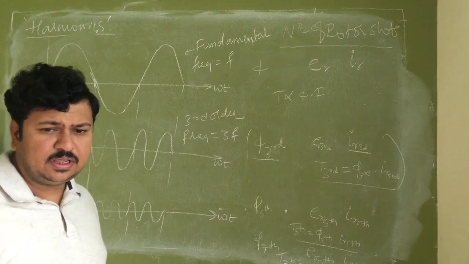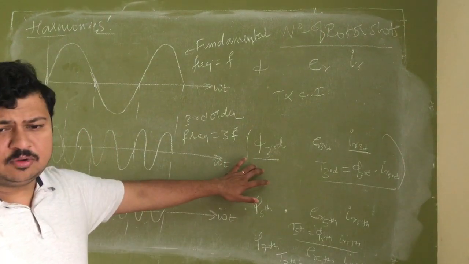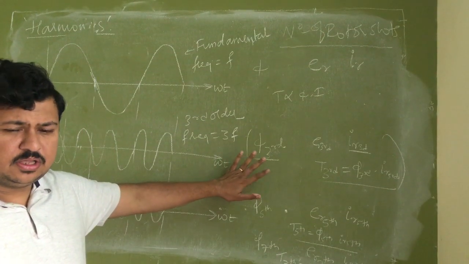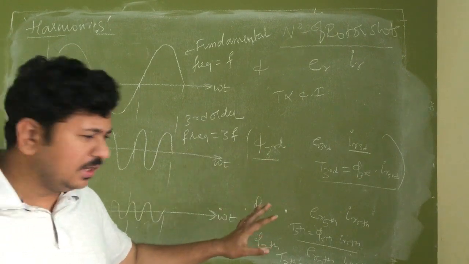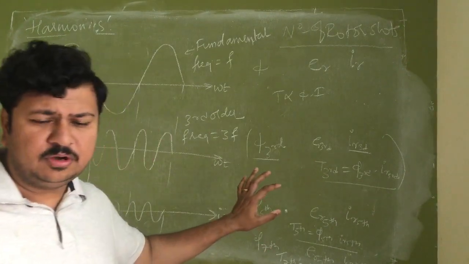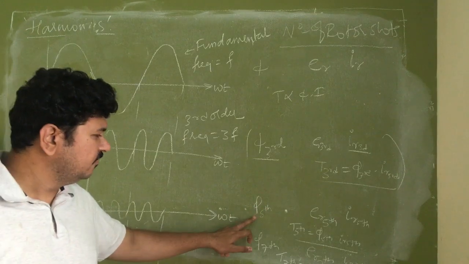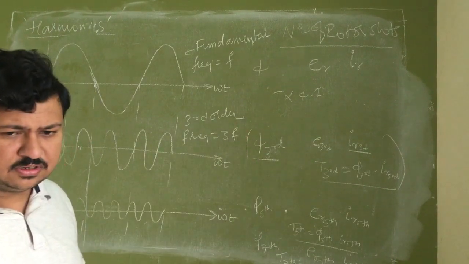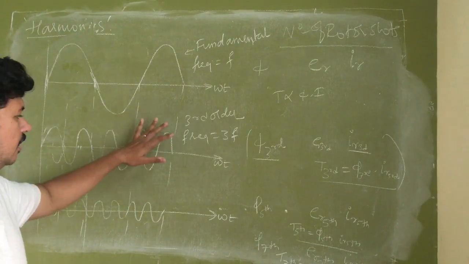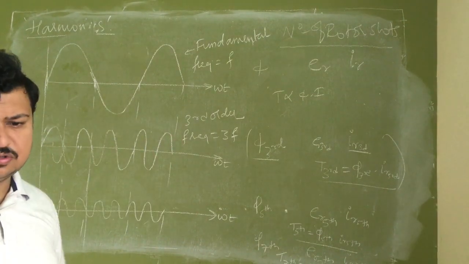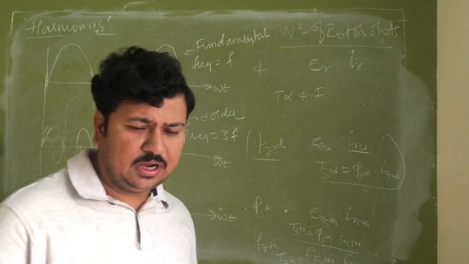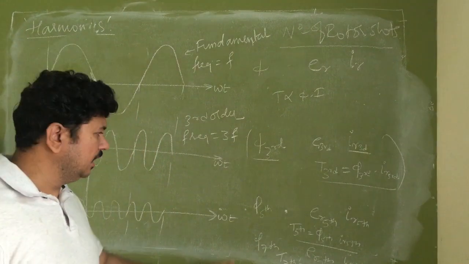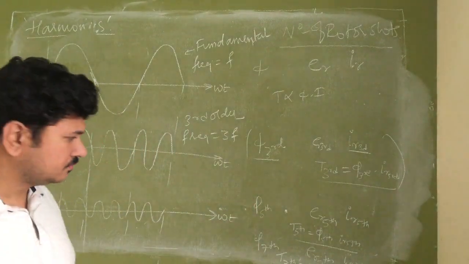For a three-phase winding, I don't get third harmonic content. Third harmonic is automatically neutralized. The minimum order of harmonic in a three-phase winding is the fifth, then the seventh onwards. So let us not think about third. Generally there will be third, fifth, seventh, ninth order and so on, but in a three-phase winding, I don't get third order. I get starting from fifth order.